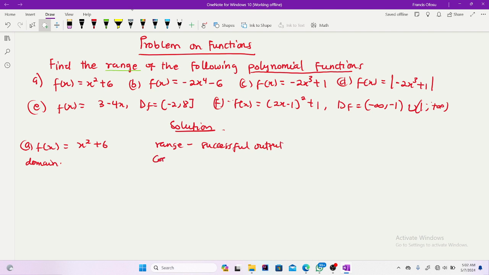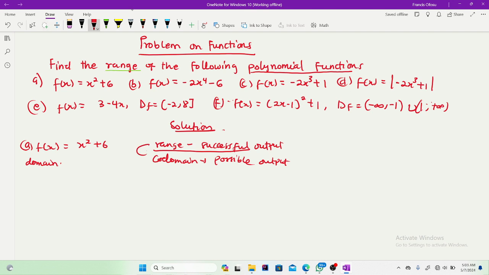And you have what you call the codomain, which is the possible output. The range depends on the domain. Depending on what you feed into the function, that is what will determine the output. So the codomain is just the possible output, but the range is the particular domain you fed into the function.